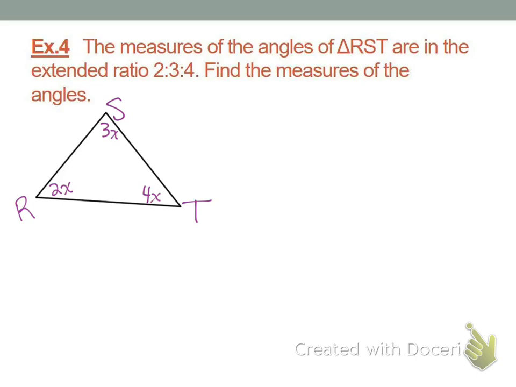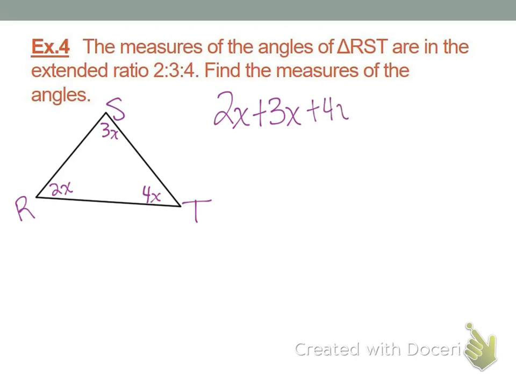Again, we got to flash back to first semester. What prior knowledge is going to help us in this case? Good. All the angles in a triangle add up to 180 degrees. So while you don't necessarily need your notes from last semester, you still need the knowledge.